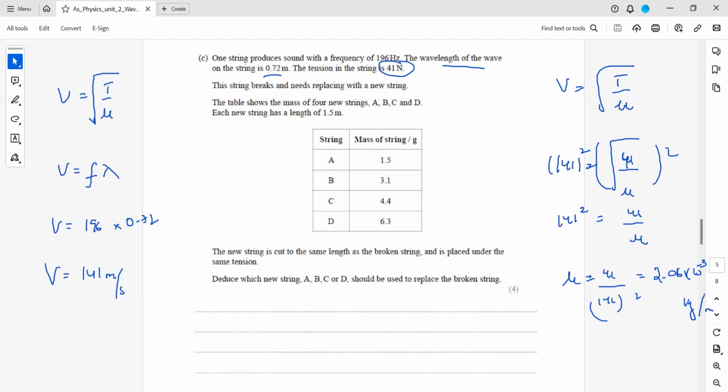After getting the mass per unit length, now what mass is there? This is mass per unit length, like mu equals m divided by L. We need m, so mu will be multiplied by L, and we get m.